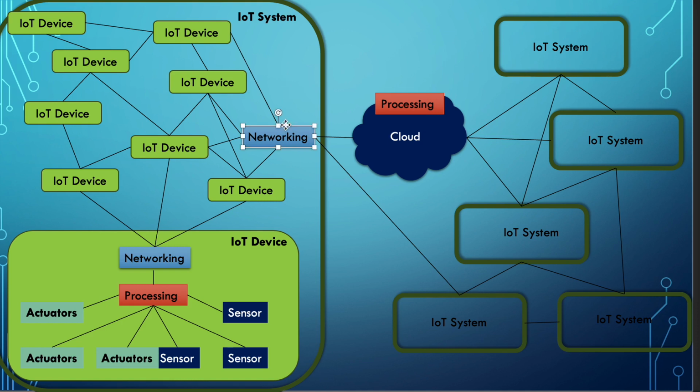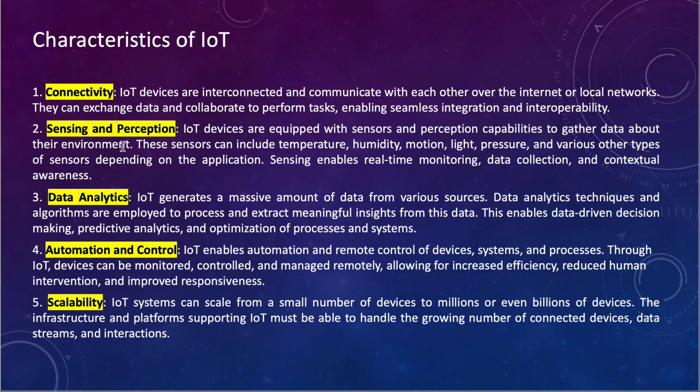But when it steps out from the system to the internet itself, then normal internet protocols, the 7 layers of networking, come into play, and IoT system to system communicates through the normal method of data sharing, right? Then after that, we talked about the sensing and perception layer.